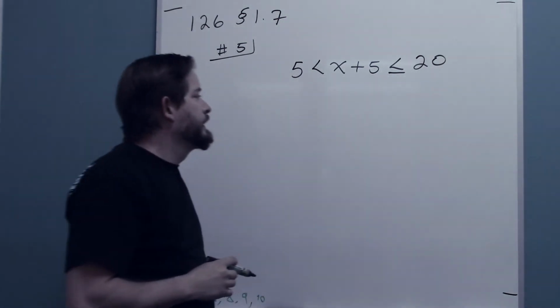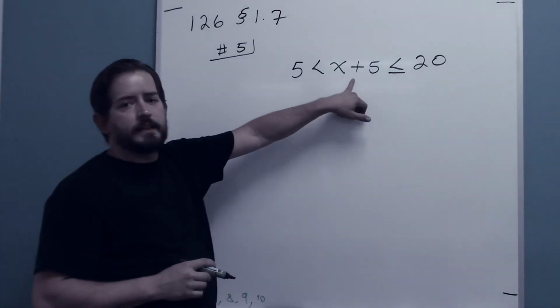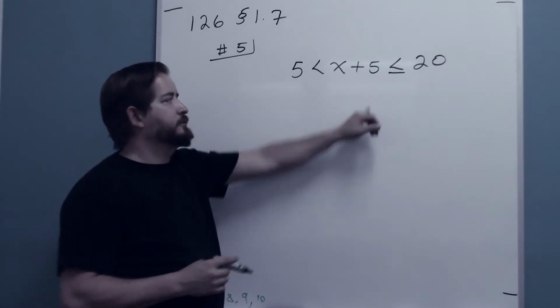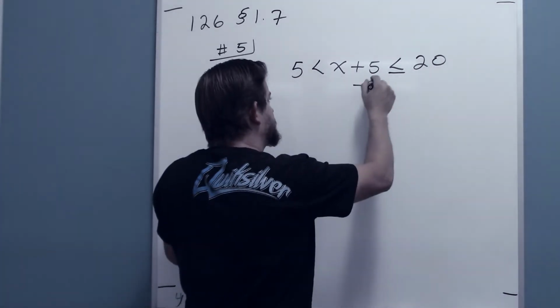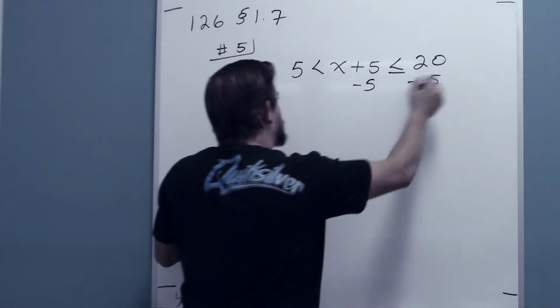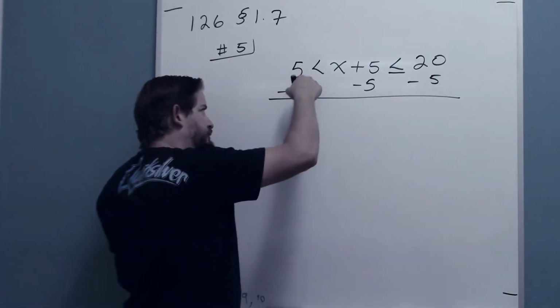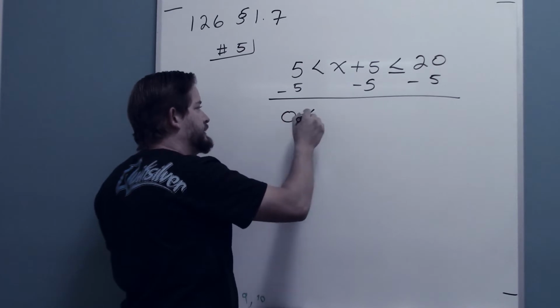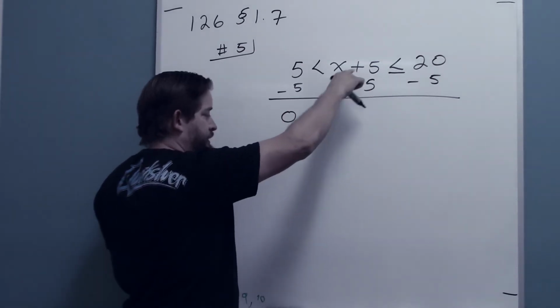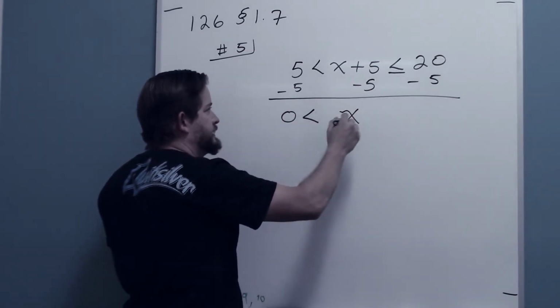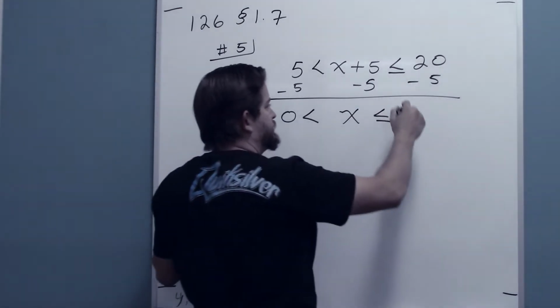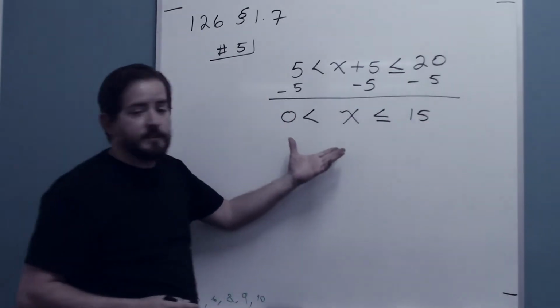Okay. Now really I just want to isolate the x in the middle here, so I just need to subtract 5, but since it's a 3-part, it's a tripartite, I'm going to subtract 5 from all 3 parts. Right? 5 minus 5 is 0, still less than x, plus 5 minus 5 is just x, less than or equal to 15. And that's it, that's my solution.